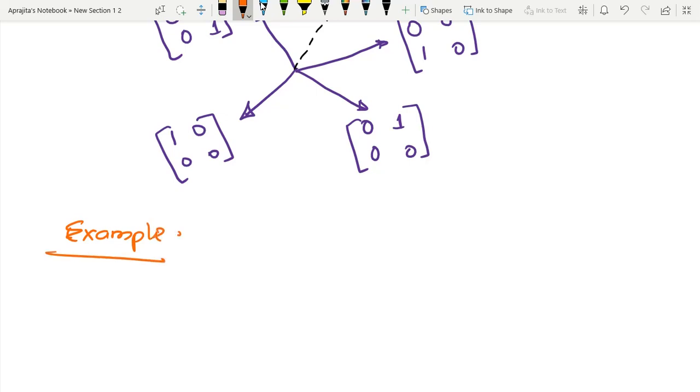First example is called the n-tuple space, and this space is denoted by F^n.